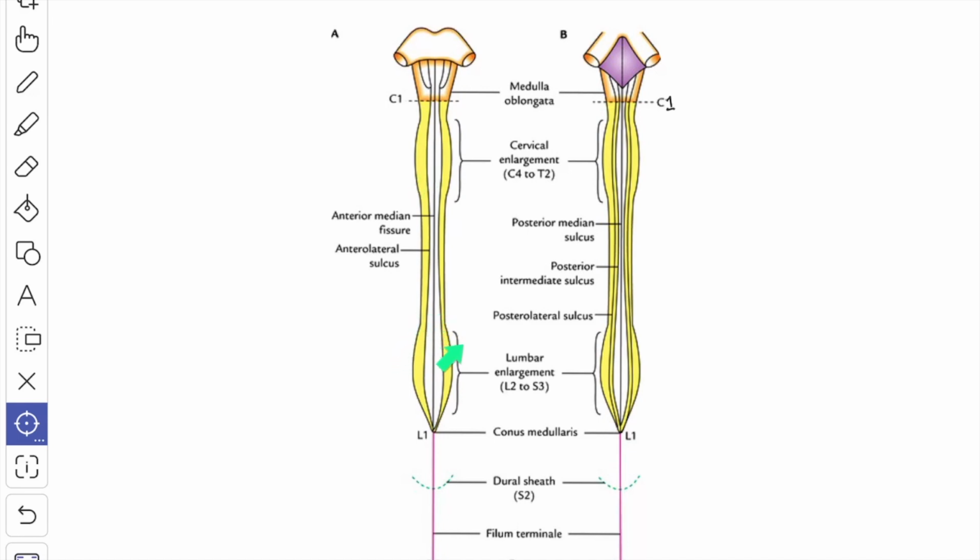When you see the lumbar enlargement, it is from L2 to S3 spinal segments and lies at the level of the 9th thoracic to first lumbar vertebrae, and it is about 35 millimeter at the level of S1 segment, and it supplies the muscles of the lower limb and their associated girdle.